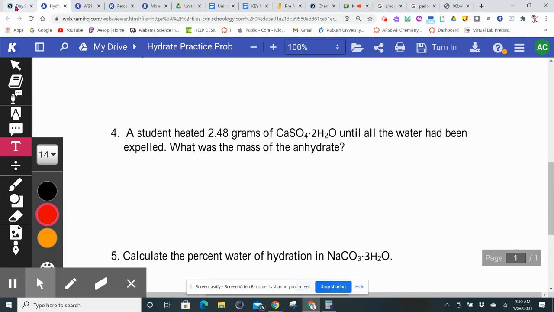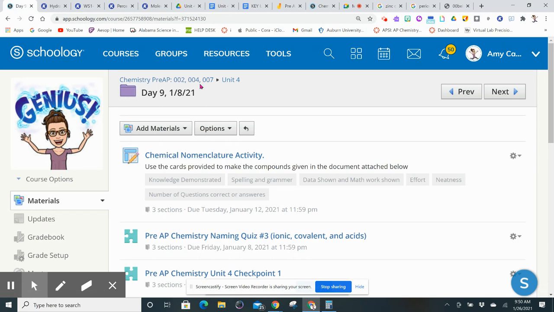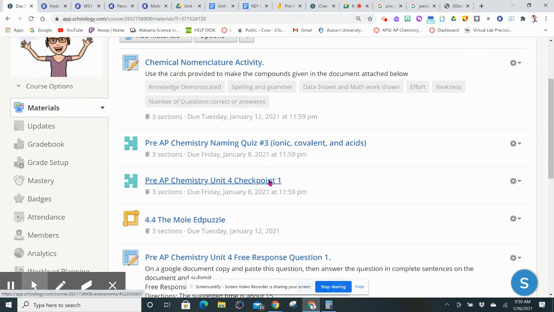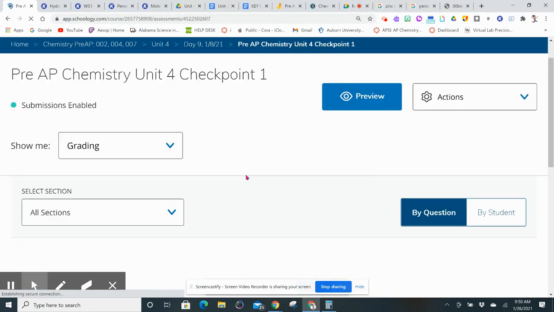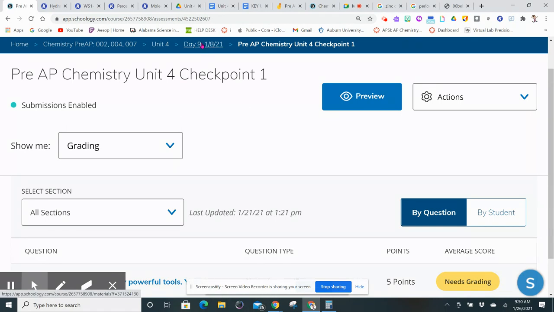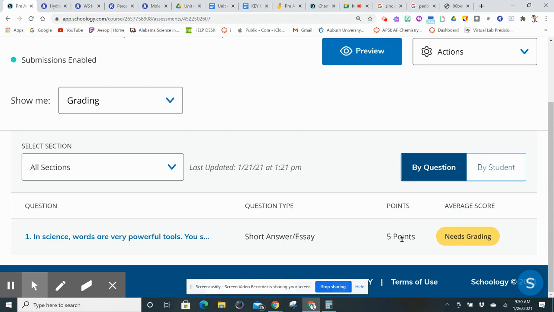All right, the next thing I want to do is go back to the math problems. What was checkpoint 1? Let's look at checkpoint 1. So we're still in day 9. Actually, I'm not going to look at that.